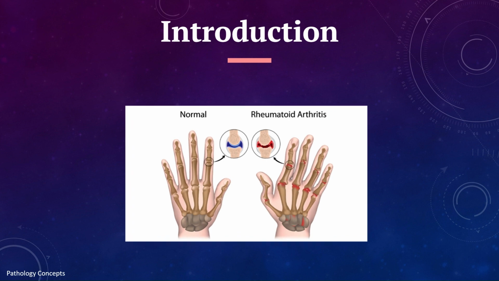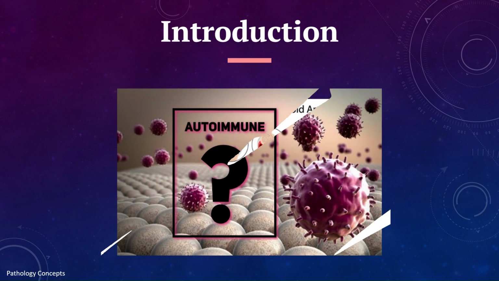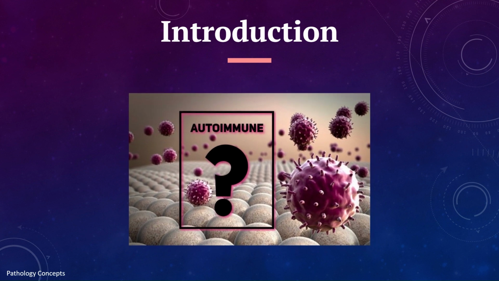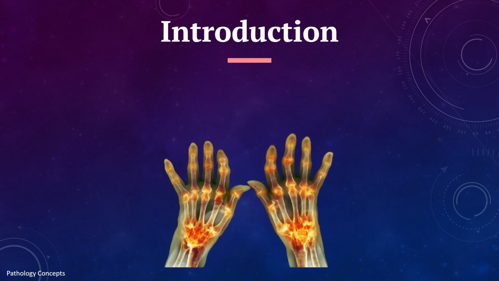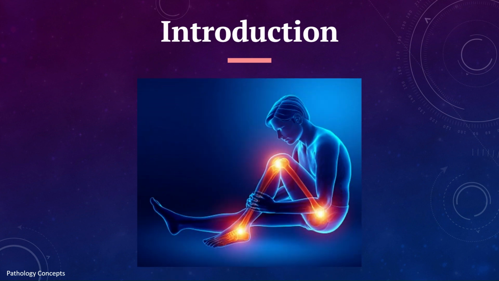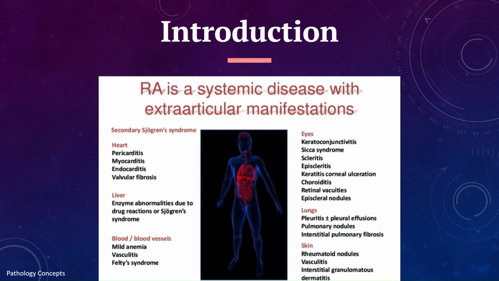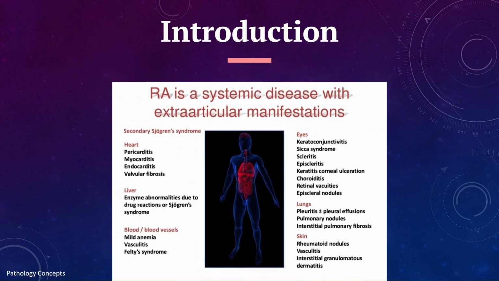Rheumatoid arthritis is a chronic, symmetrical, inflammatory autoimmune disease that initially affects small joints with varying severity and it progresses to larger joints and eventually the skin, eyes, heart, kidney and lungs are involved.